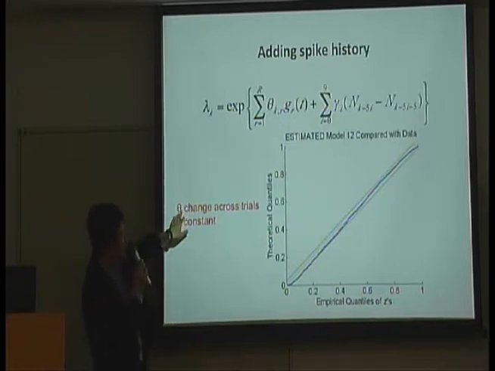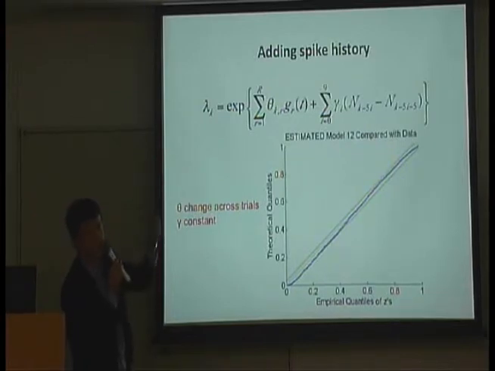Also, you're assuming theta depends on the trial, so theta is a variable that depends on the trial, but gamma is independent of the trial. So gamma is characterized as an intrinsic neuron property, depending only on things like the refractory period, independent of the trial. That's the assumption we made. And theta is dependent on the trial, depends on the experience.